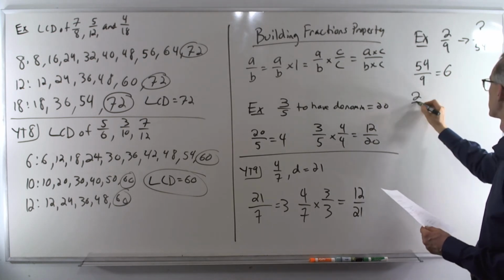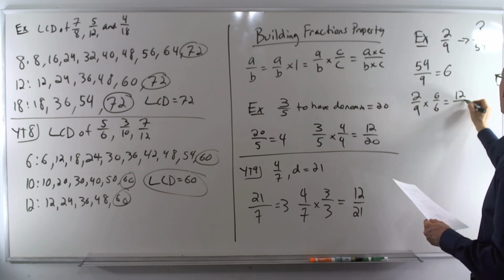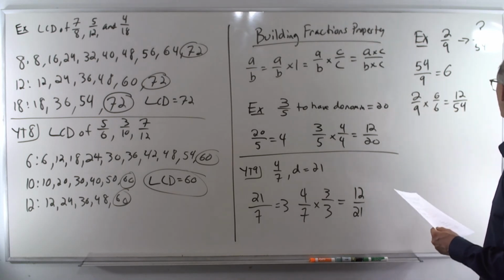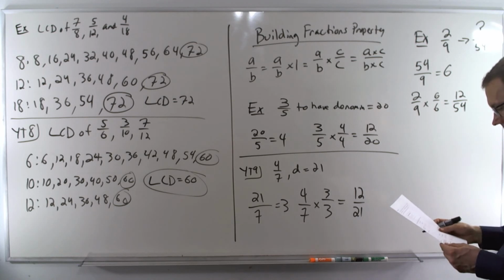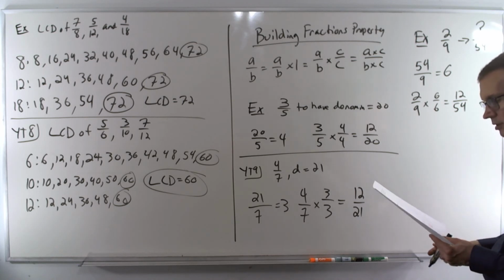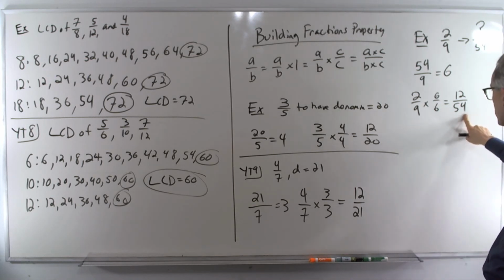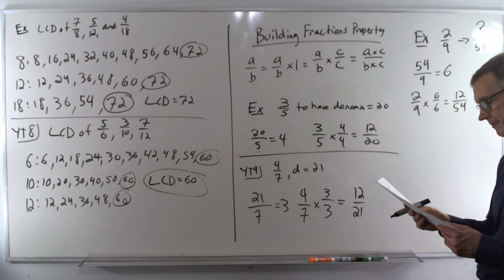So we'll take 2/9, multiply by 6 over 6, and get 12 over 54. I know most of the time we go ahead and simplify fractions when we get an answer, but in this case, don't simplify or you'll be right back where we started.